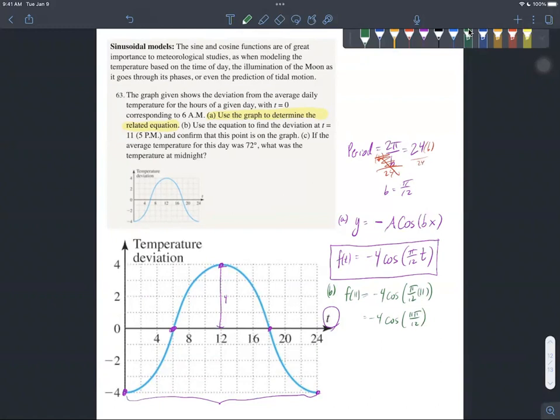Okay, notice that it says t equals 0 is 6 a.m. So then we just need to kind of count and say, okay, well, use my green. This is 6 a.m. I'll put vertical bars. 7 a.m., 8 a.m., 9 a.m. Oops.